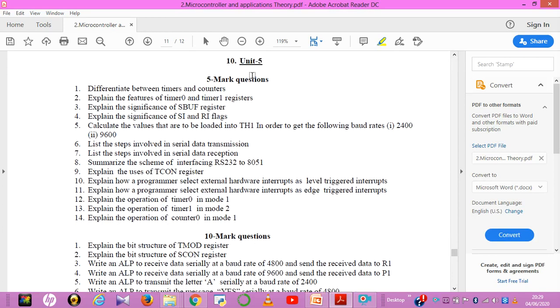In unit 5, the important questions are: explain the features of timer 0 and timer 1 registers. You have 2 timers in 8051. Explain the significance of the SBUF register. Next, explain the significance of TI and RI flags.